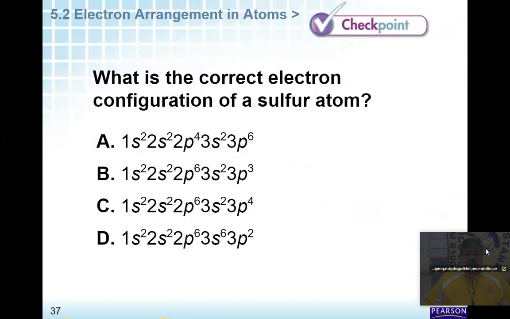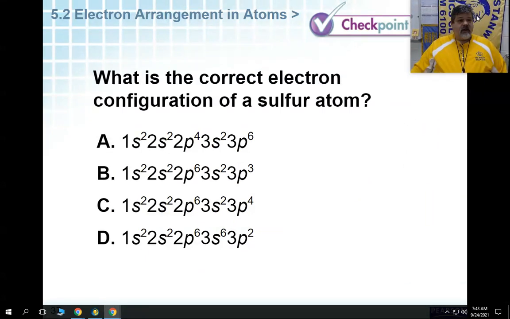So let's look at this question right here. See if you can answer it. What is the correct electron configuration of a sulfur atom? I think the easiest way to do this, because I see a bunch of different numbers at the end, is to tally up all of them and see what that number is.